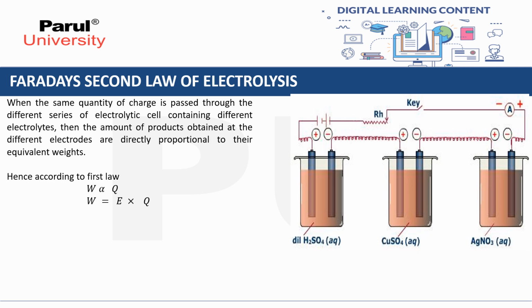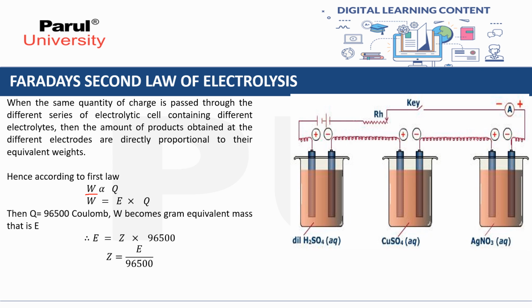Now, according to the first law, the amount of element deposited on the electrode is directly proportional to the amount of charge passed. So W is equal to E into Q. Then Q is equal to 96,500 coulomb, where W becomes gram equivalent mass, that is, the electrochemical equivalent will be equal to Z into 96,500.